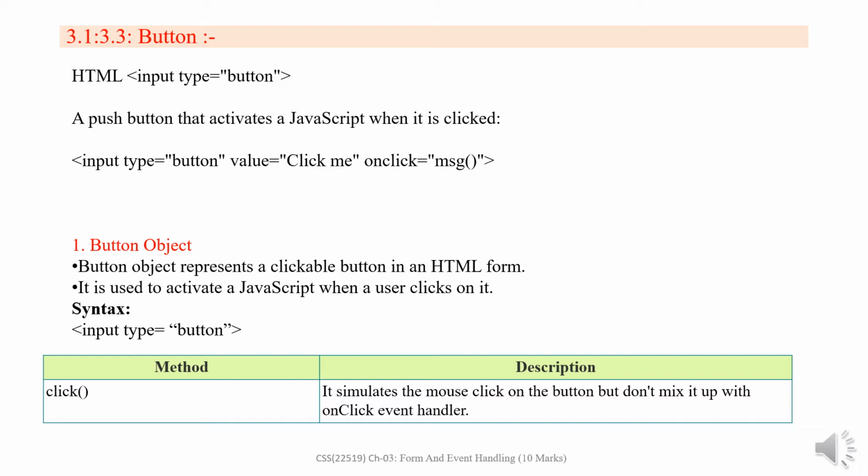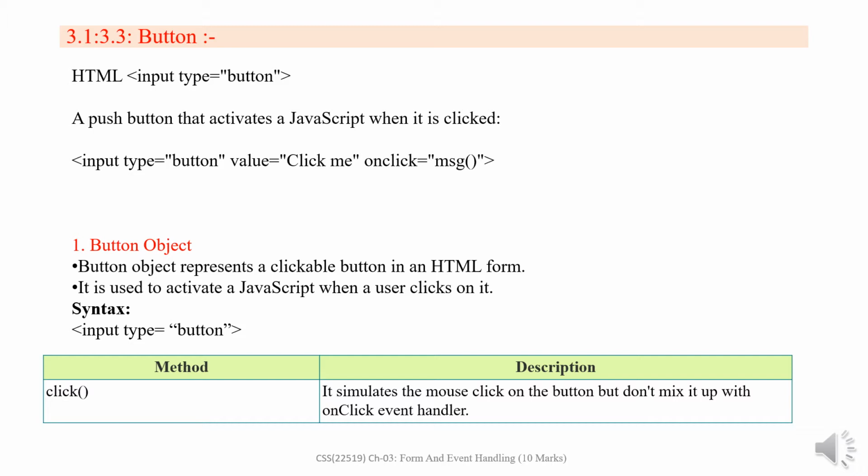Now we will see the different button objects which we are going to use in the form. First is the button object. The button object represents a clickable button in an HTML form. It is used to activate a JavaScript when a user clicks on it.